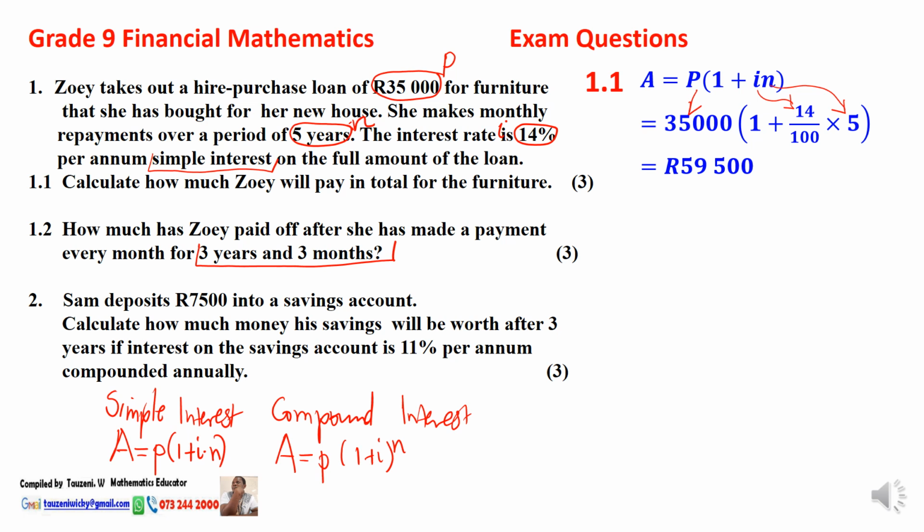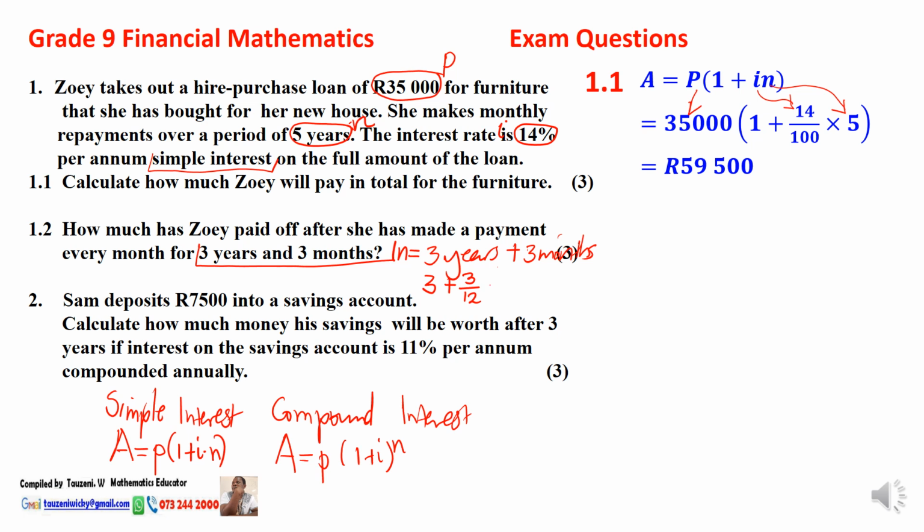If you are given months, like in this case where we have 3 years plus 3 months, the months must be changed into years. If you are changing months to years, you divide by 12, so 3 divided by 12, because there are 12 months in 1 year.